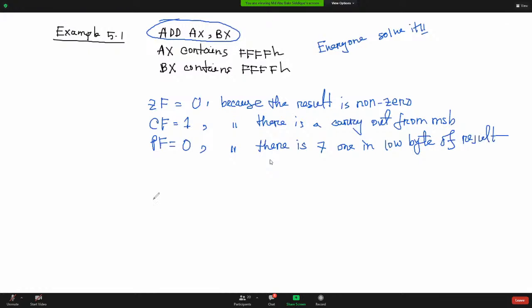Okay, good. Then sign flag is 1, sir. Why sign flag 1? Because the MSB is 1. Yes, you can write MSB equal 1, or you can write because the result is negative.